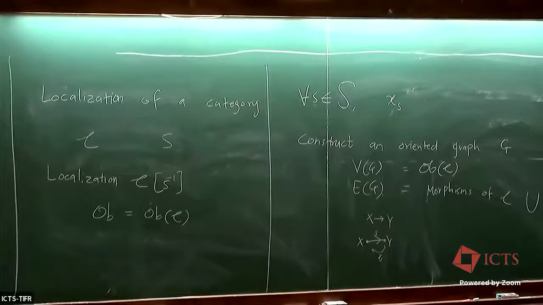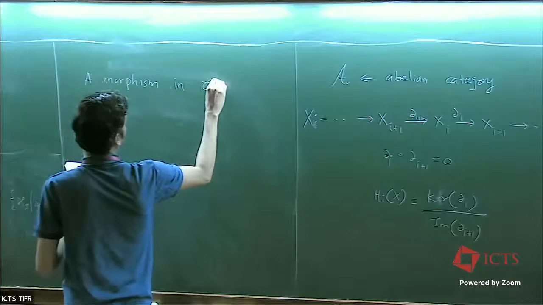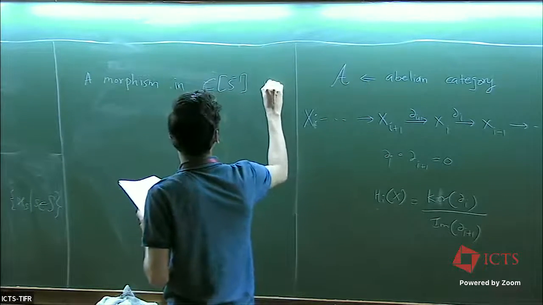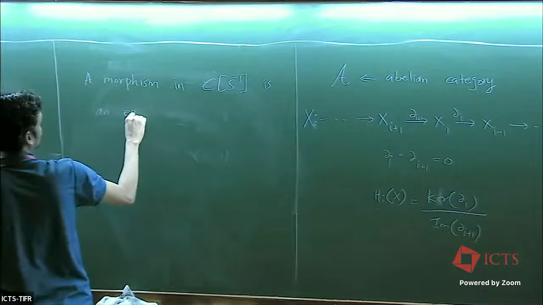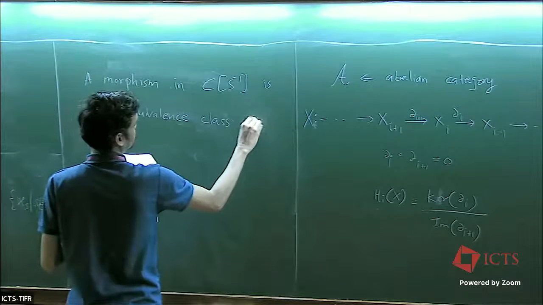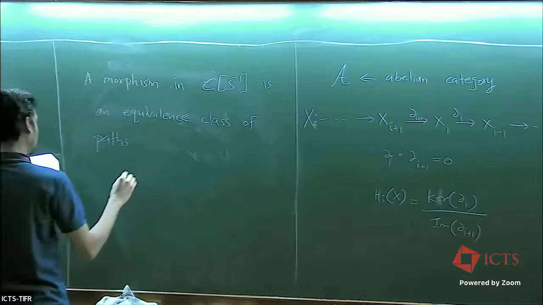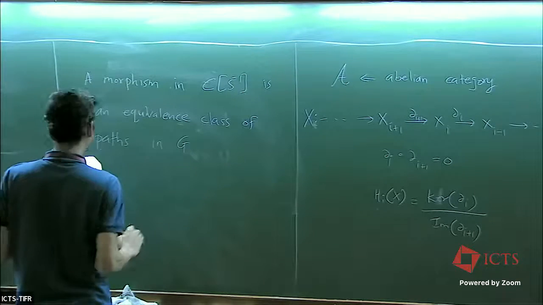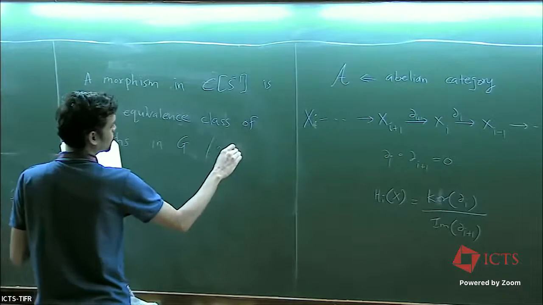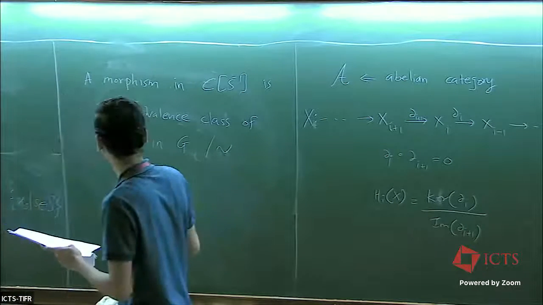A morphism in this C[S^{-1}] is an equivalence class of paths in G modulo this relation tilde.